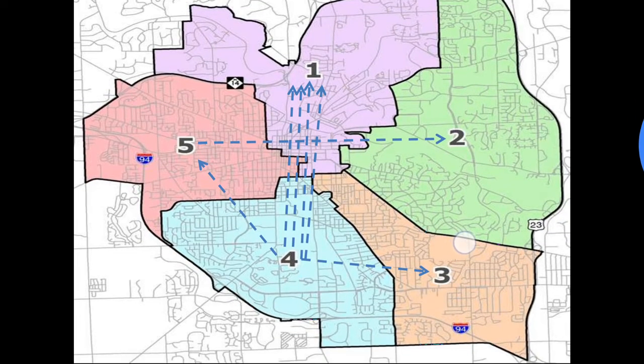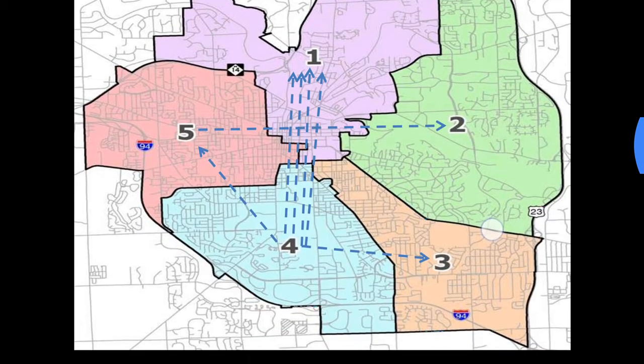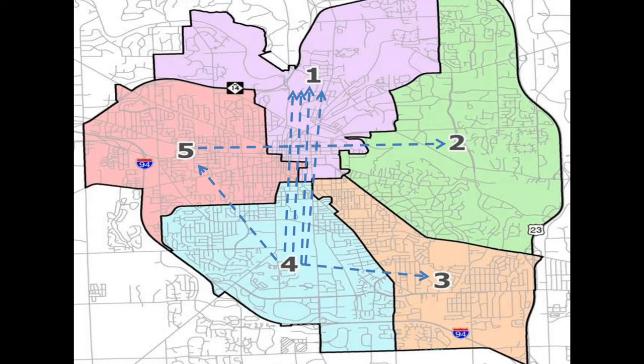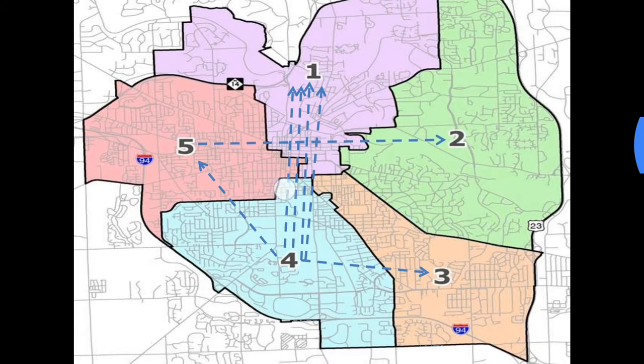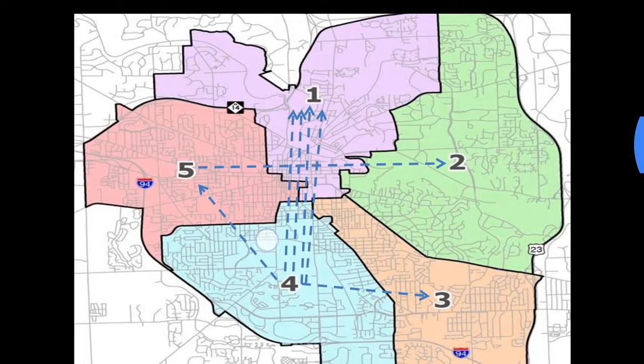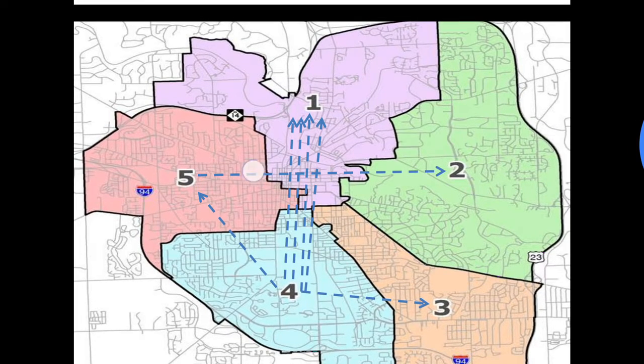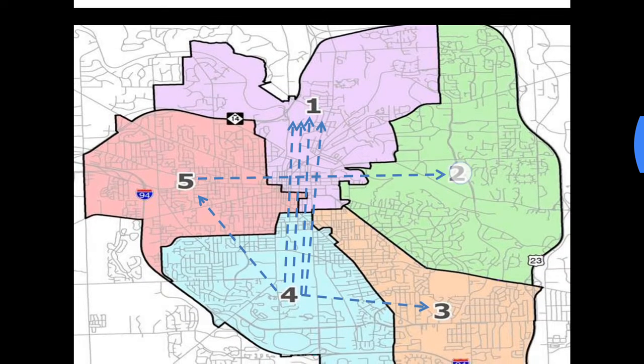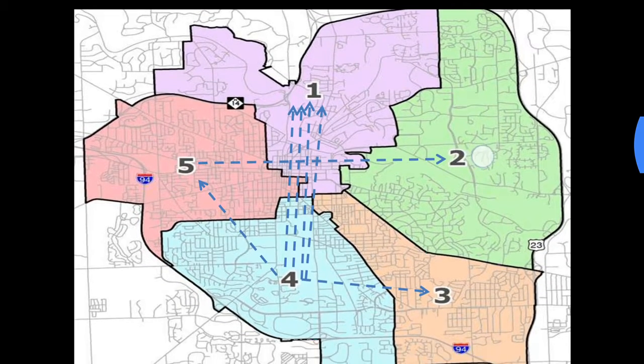Now this study area we have divided into 5 wards, naming them 1, 2, 3, 4, 5. Now these lines over here are known as desire lines. We'll study this in detail later on, but these lines represent the number of trips that are taking place, and the arrowheads show which is the origin and which is the destination.